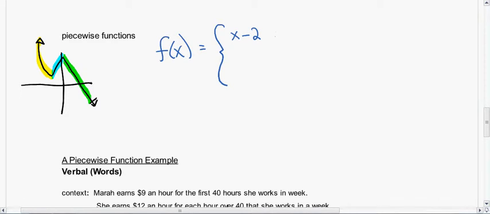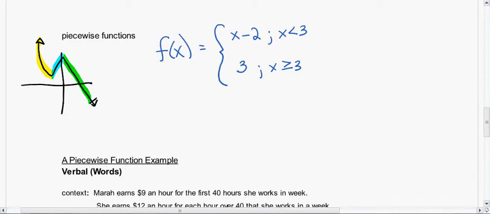I'm going to use x minus 2 if my x values are less than 3. And if my x values are 3 or greater, I'm going to just say my function is going to take on the value of 3. So x is greater than or equal to 3.